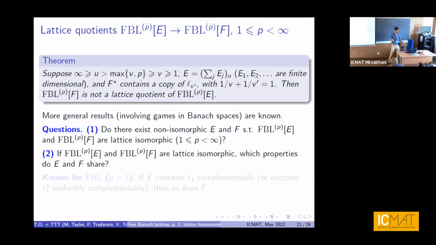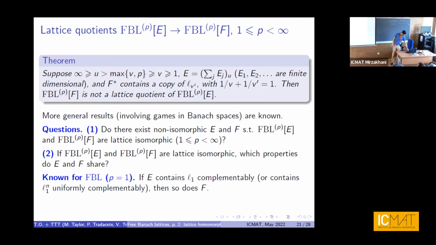Or to say it another way, if E and F share a certain property, is there a corresponding property to be shared by the free Banach lattices? We have a partial answer to this question.